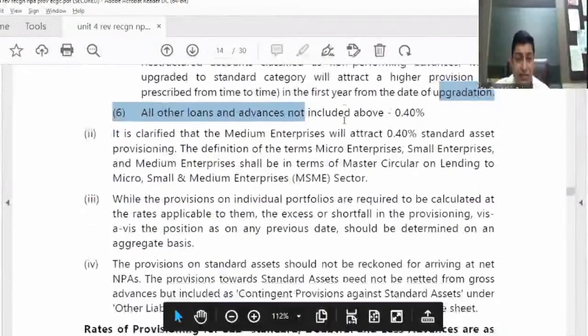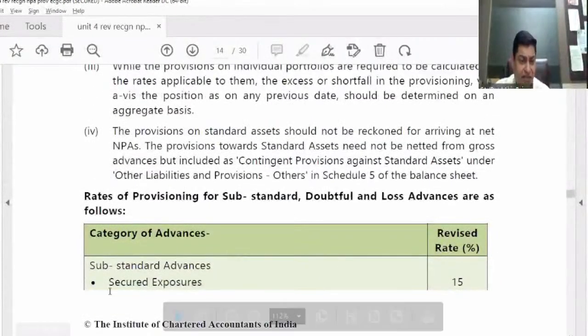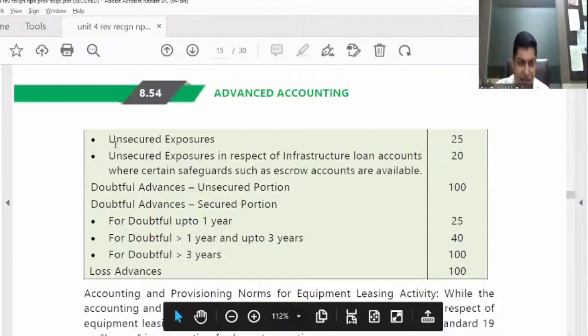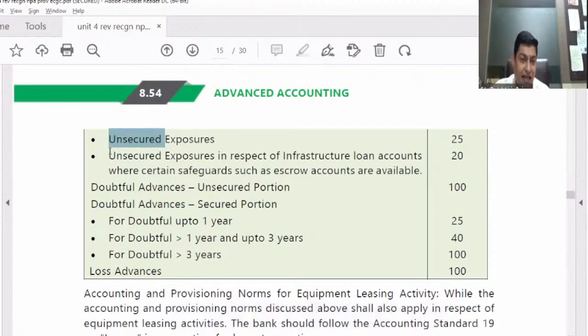Then go with substandard. If it is secured, meaning we have security, then 15%. If it is unsecured, then 25%. Unsecured, but we have some escrow, some deposits or securities available, very little, then 20%. If it is doubtful, unsecured, 100%.